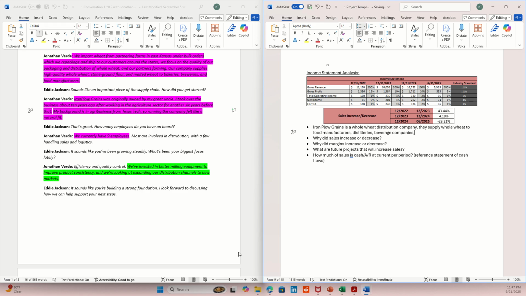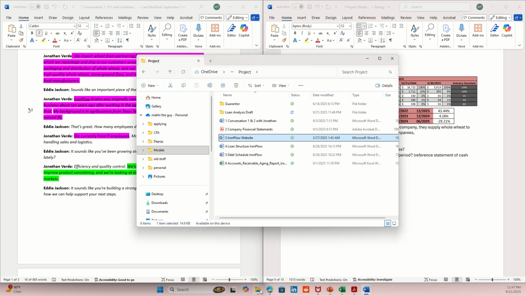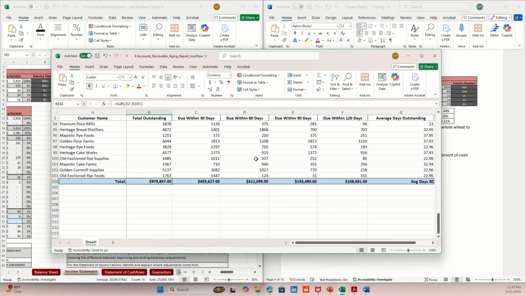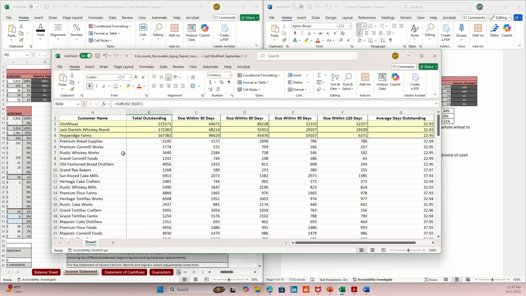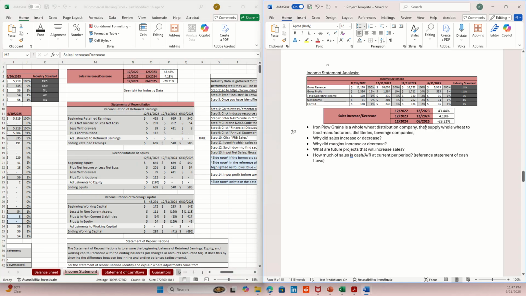Well, I'm getting that information from their accounts receivable report. On their accounts receivable report, we have Oro Wheat, Jack Daniels Whiskey Brand, and Pepperidge Farms. So they supply whole wheat to food manufacturers, distilleries, beverage companies. Period. We'll leave it at that.